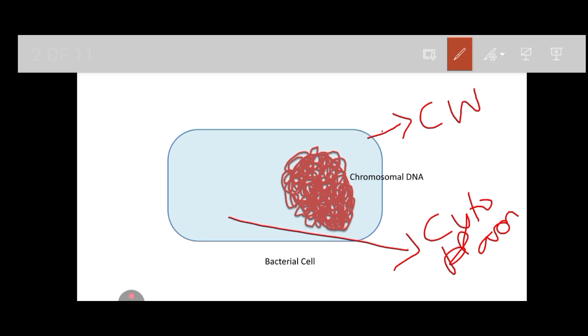And the condensed mass in the cytoplasm is said to be the chromosomal DNA of the bacterium, right? So a typical bacterium has a cell wall, cytoplasm, and in the cytoplasm you could find the genetic material which is assembled in the form of a tangled mass, right?